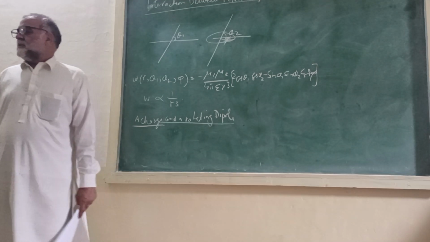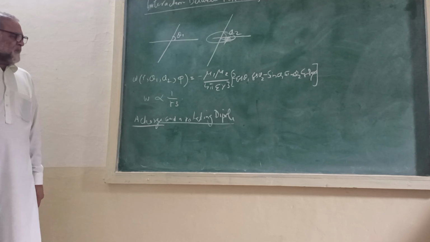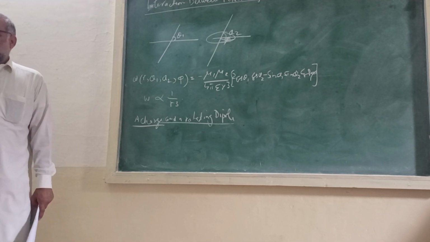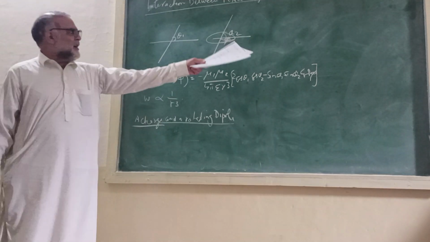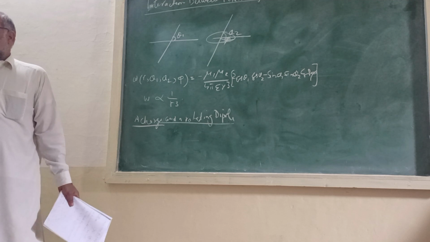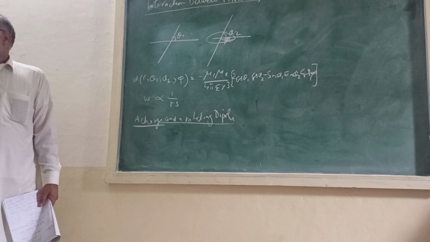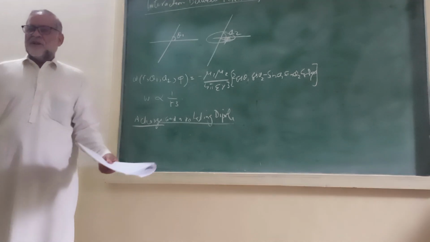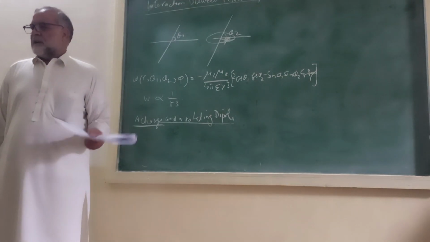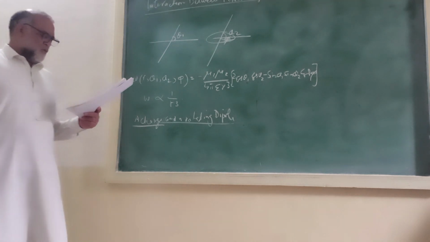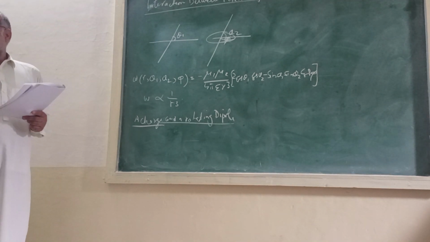We cannot confine a dipole to a certain angle. For simplicity they were taken as fixed, but they are under constant motion because of the thermal energy. The thermal energy provides them the kinetic energy, and they are in motion. So we are going from simple to complex.